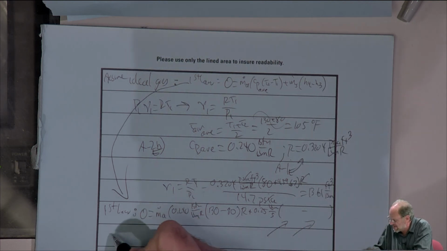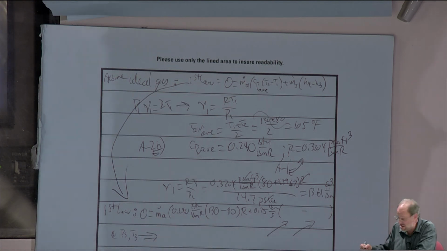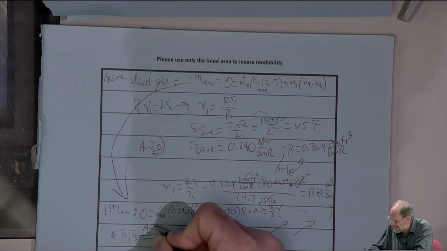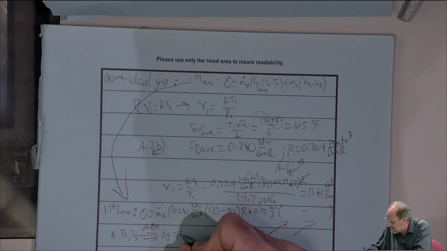Well, let's figure that out. So at P3 and at T3, it turns out that it's superheated steam. We'll just go into A6E, and we can find the enthalpy at point 3, and this is 1237.9 BTUs per pound mass.